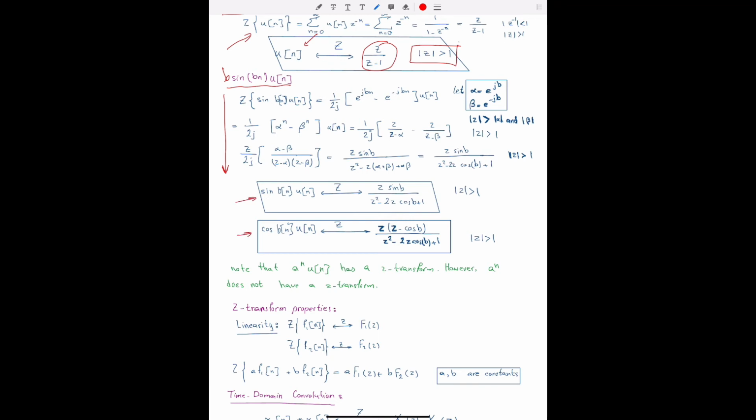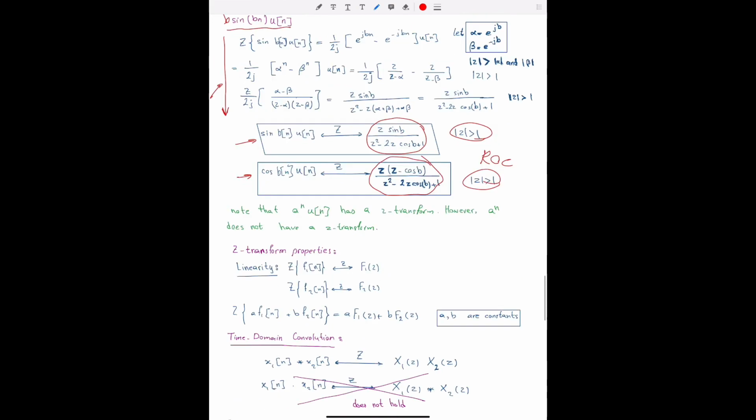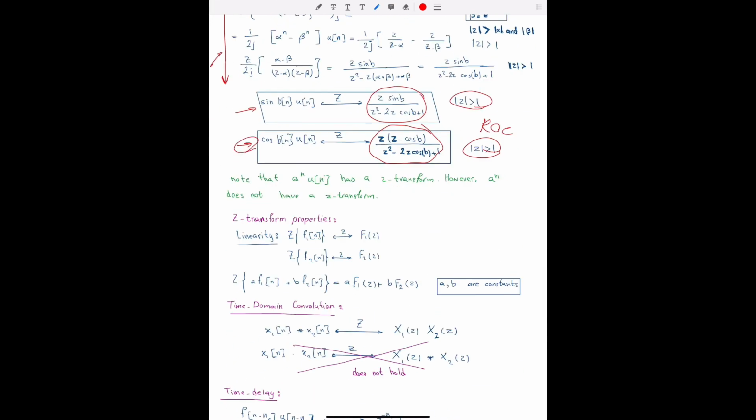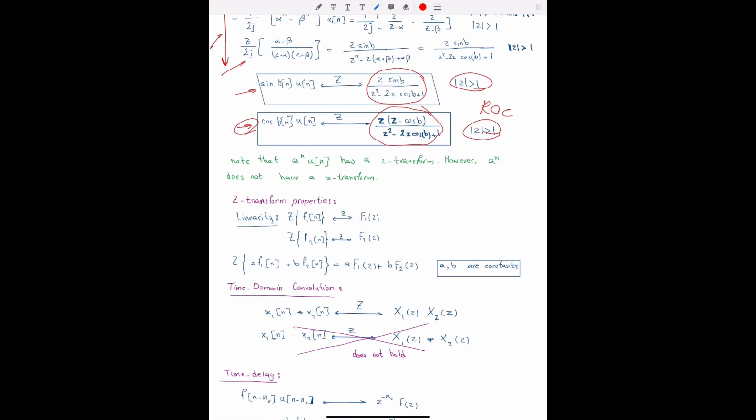The region of convergence and the answer are as shown here. I've also shown the proof for sine of Bn, u of n, which you can double check against your answers when you do this practice yourself. For the cosine of Bn, it's very similar, and you can follow the same pattern.